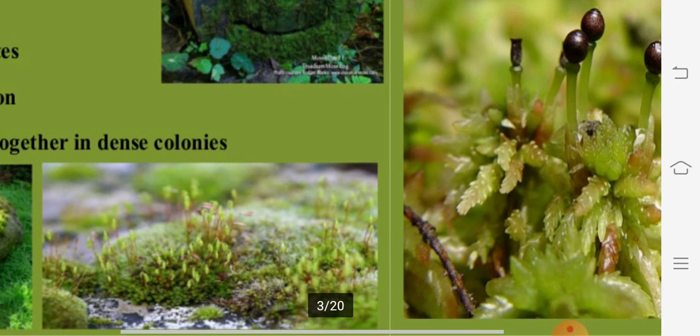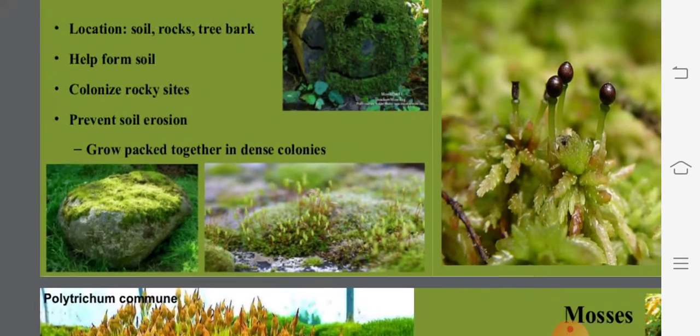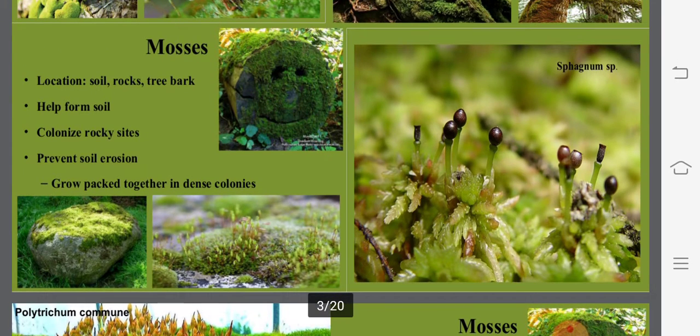These are patches of mosses. There are thousands of spores, and they germinate on the soil. So this is one character. Yes, good. This is the sphagnum.